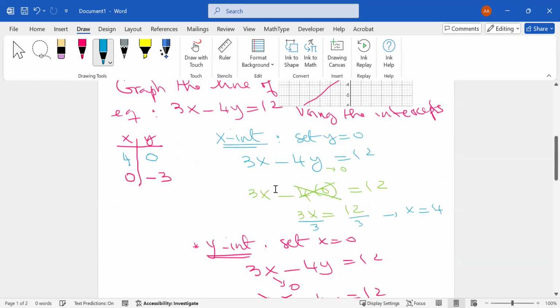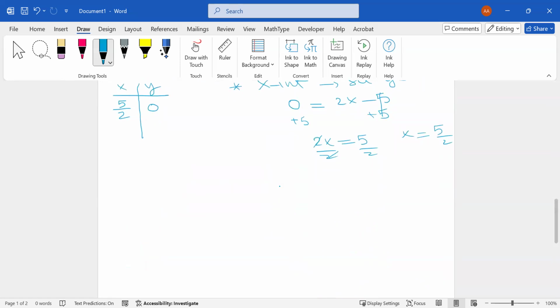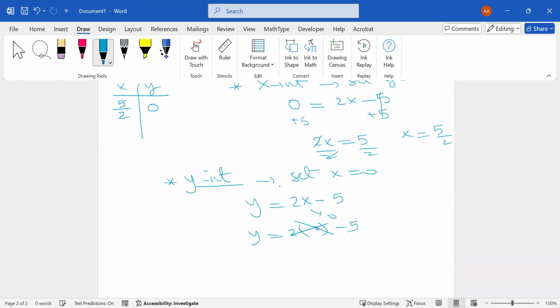Then we come back to find the y-intercept. Now I set x equals 0. My equation reads y equal 2x minus 5, so y equal 2 times 0 minus 5. This is gone, which means y equals -5.